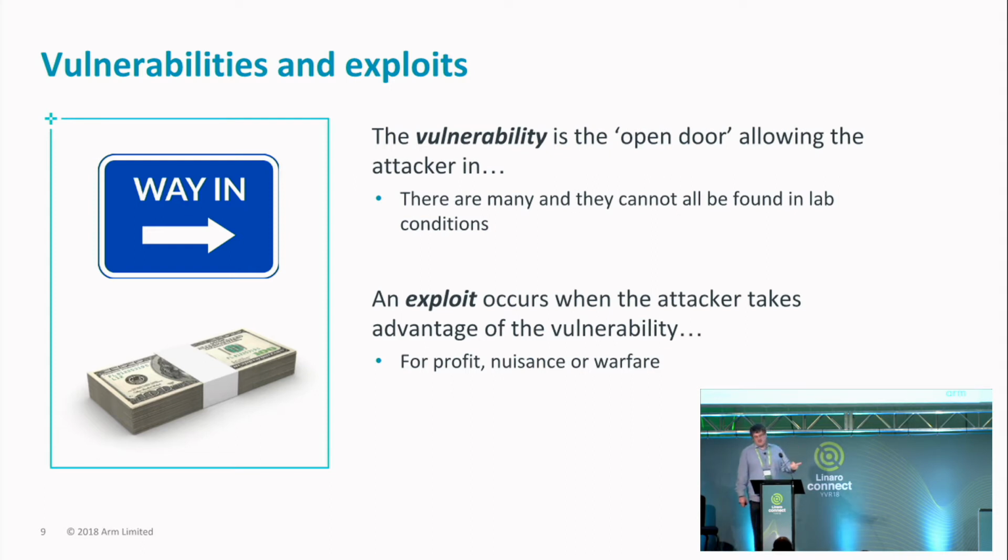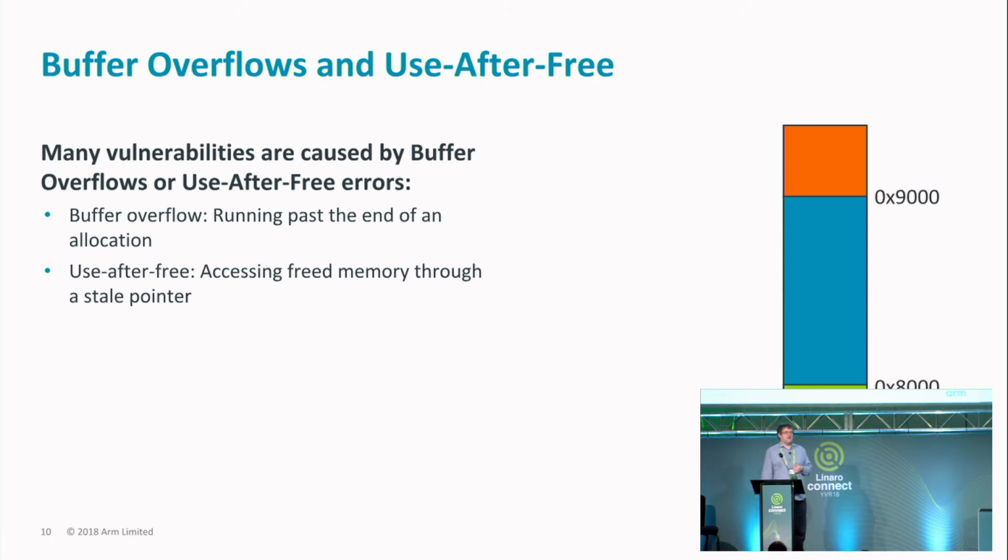The vulnerability is the open door that allows an attacker in, and an exploit occurs when an attacker takes advantage of a vulnerability. And it turns out that 2018 is the 30th anniversary of the Morris worm, which was one of the first worms that gained notoriety, and that made use of buffer overflows.